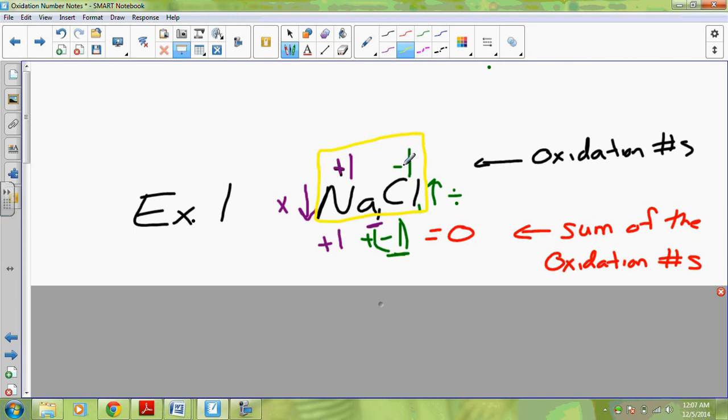Hopefully we haven't totally confused you guys yet. But once again, all we're doing is we're given a compound like NaCl. We want to know where the electrons are going. Once again, with covalent bonding, ionic bonding, everything we talk about the rest of the year is going to be dealing with electrons.